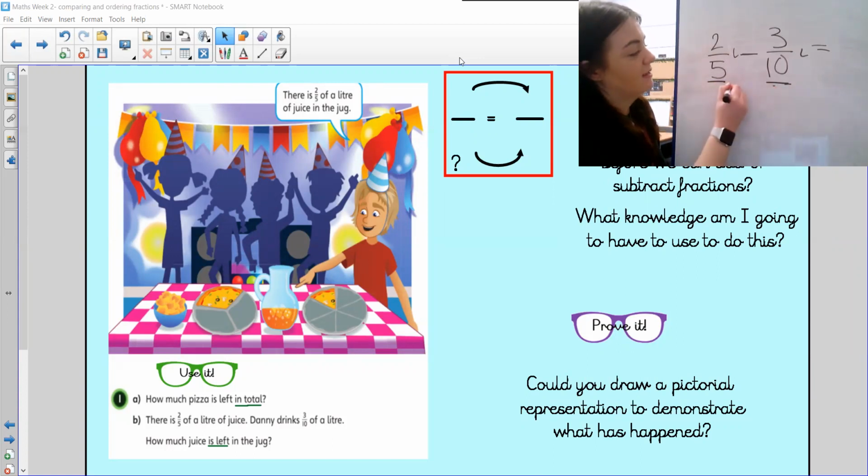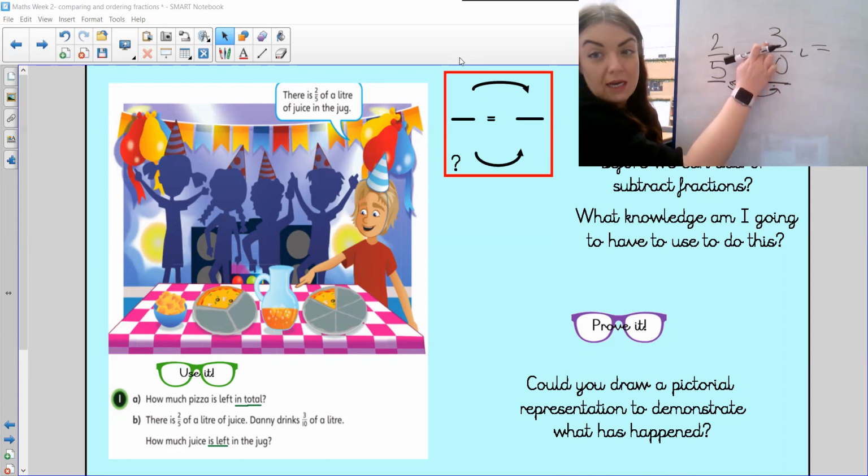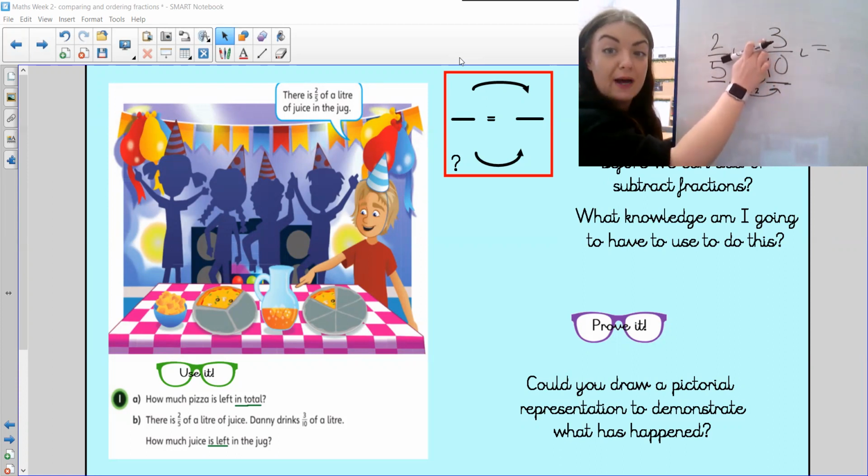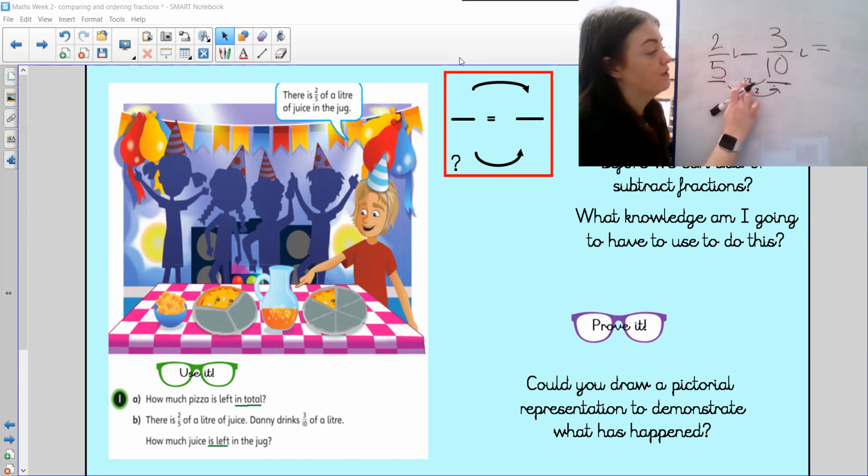Same again, I can see here that my knowledge of 5 and 10 is that it's got 2 times as many, or I'm going to divide them by 2. To get from tenths to fifths, I'm going to have to divide by 2, but look at my numerator. Is that going to be easy for me to divide by 2? No, no, no. So the best thing I'm going to do is to turn my fifths into tenths.